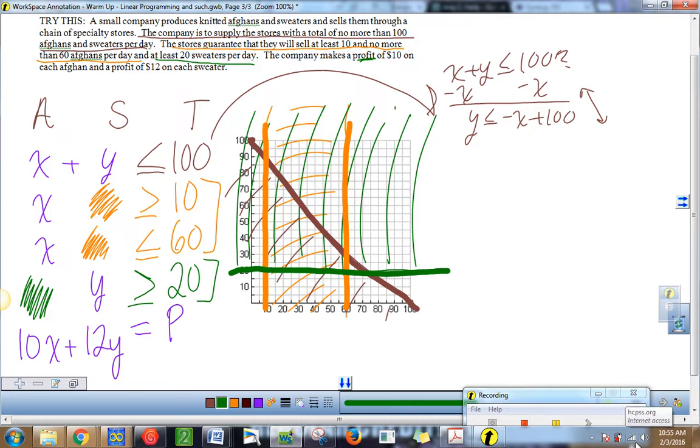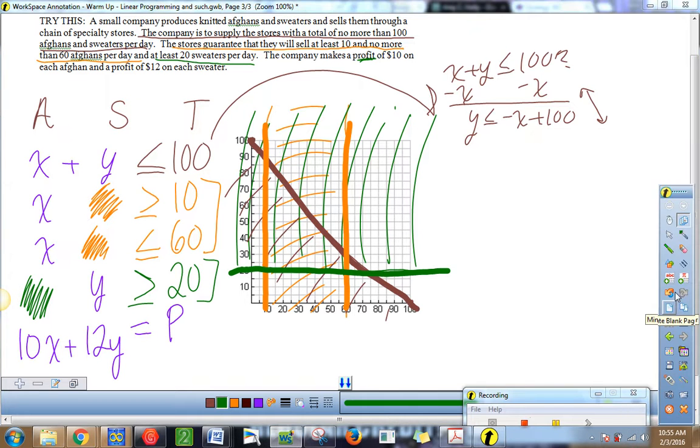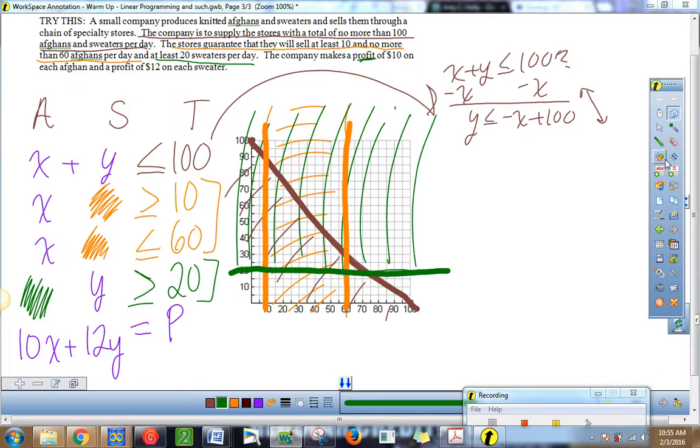Does it create a section in between it all? Yeah. Let's do purple.